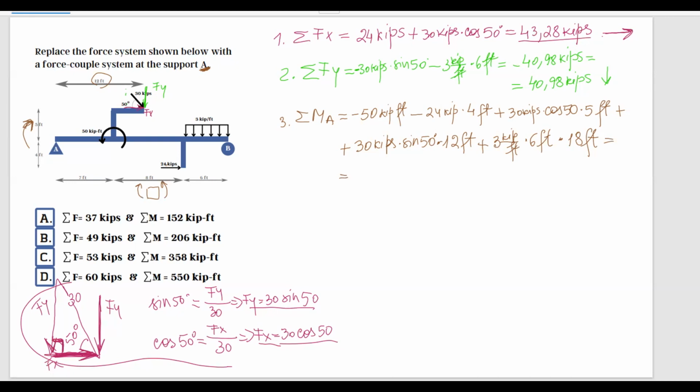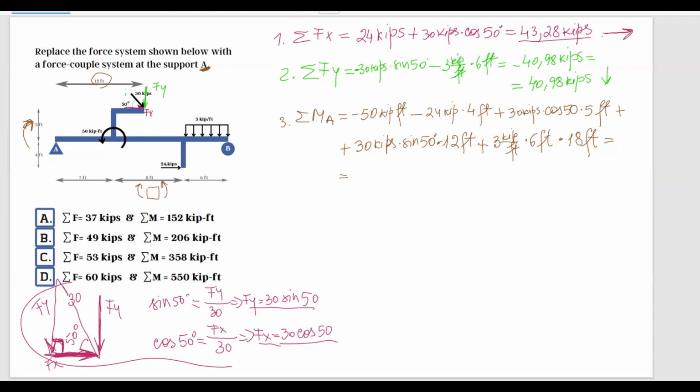And then I have 24 times 4, 24 multiplied. Okay, 146 negative. Next, I have 50 cosine 30 multiplied, 5 multiplied, and that's plus.